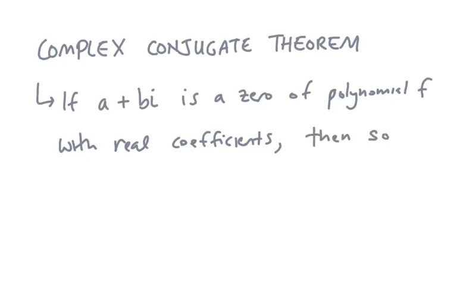So then I can say, then so is a minus bi. So if you have a plus bi as a zero, the conjugate is just changing the sign in the middle, and that's a guaranteed zero as well. So that's a pretty handy thing anytime you've got imaginary zeros.